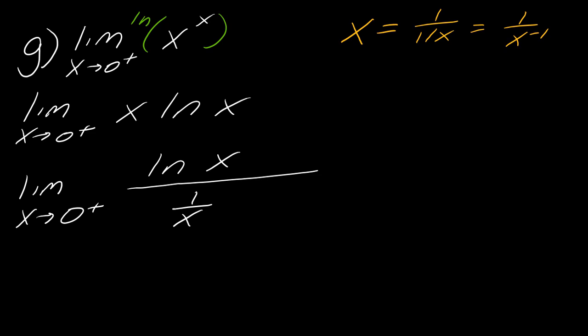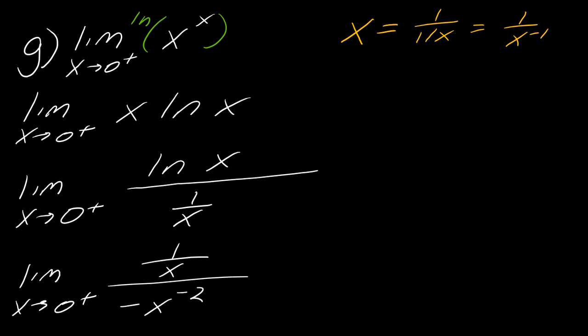And once you get that particular form, then you can use L'Hopital's rule and take the derivative of the top and the bottom. So now we are in business, if you will. The derivative of the top is 1 over x, and the derivative of the bottom is going to be negative x to the negative second. Okay, so now I want to rearrange all of this and take a second to clean up how this looks.